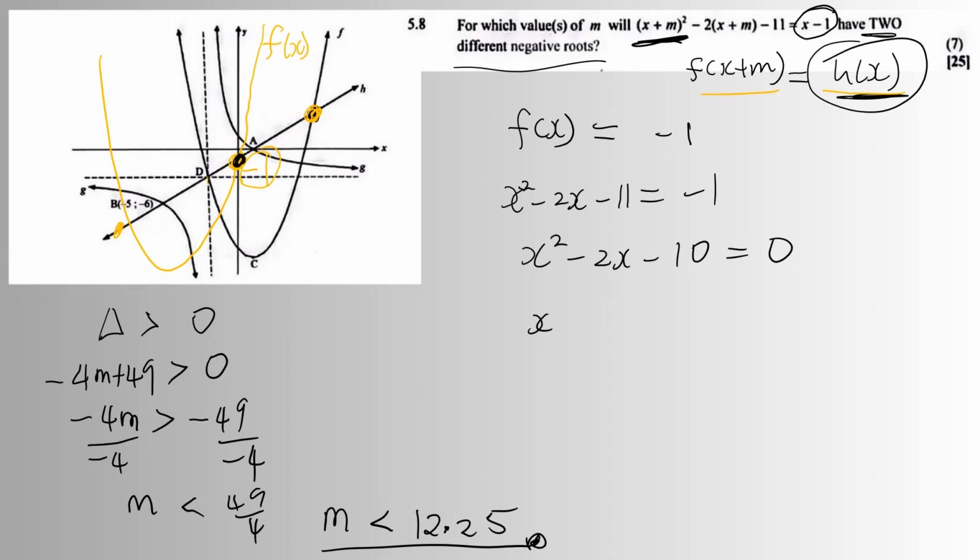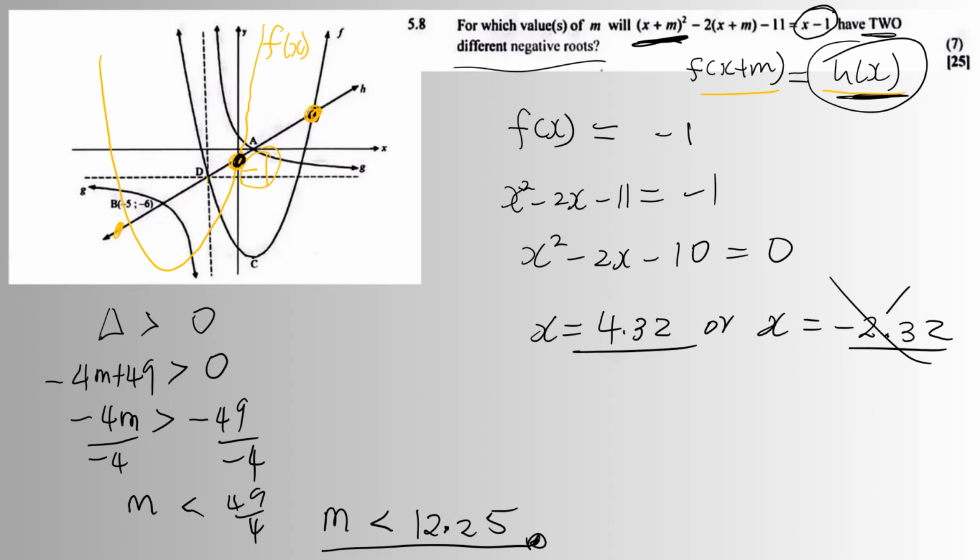When you use the quadratic formula, because I've already calculated this, you're going to get x equals 4.32 or x equals negative 2.32. Okay, so we are not interested in the negative one because we are shifting the graph to the left, so we are interested in the m that will be positive.